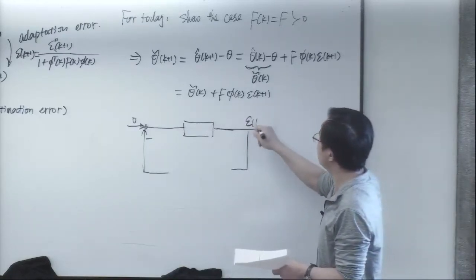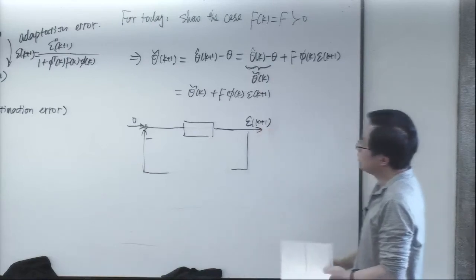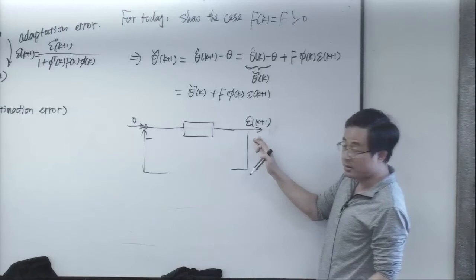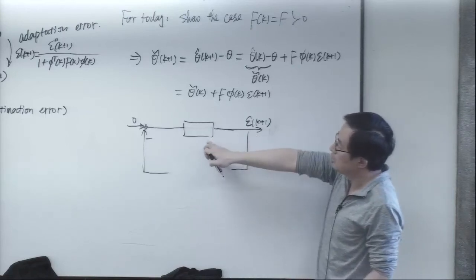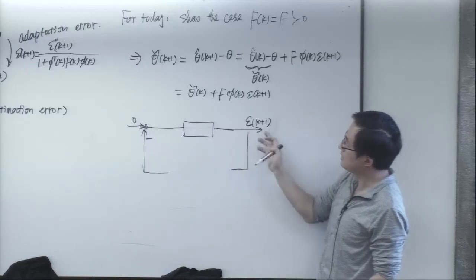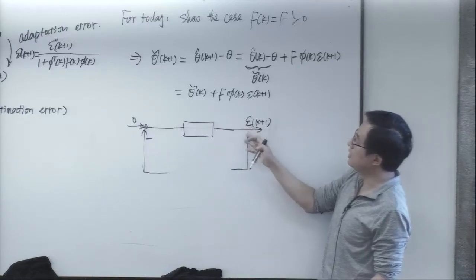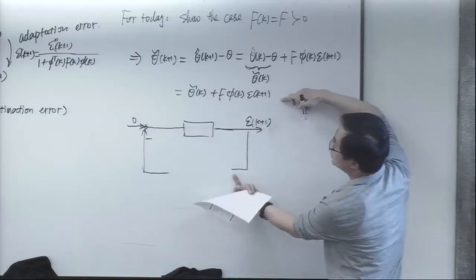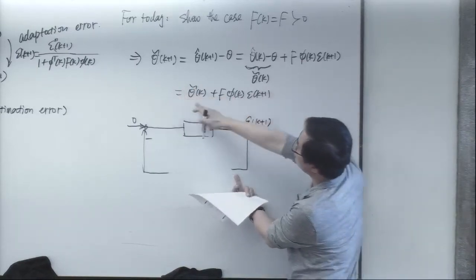So the way that we're going to do it is as follows. We want to make this to be 0. The hyperstability theory is going to be able to give that to us if we put epsilon k plus 1 here. And then epsilon k plus 1 drives the adaptation in this way.